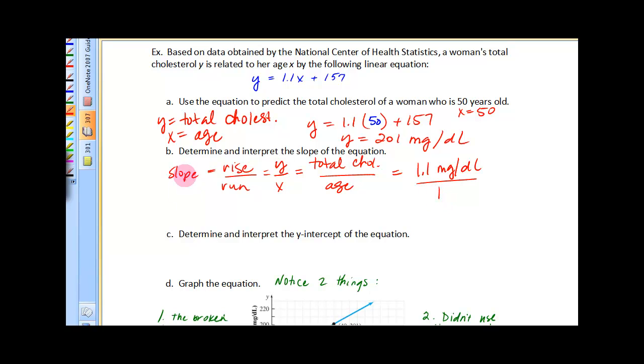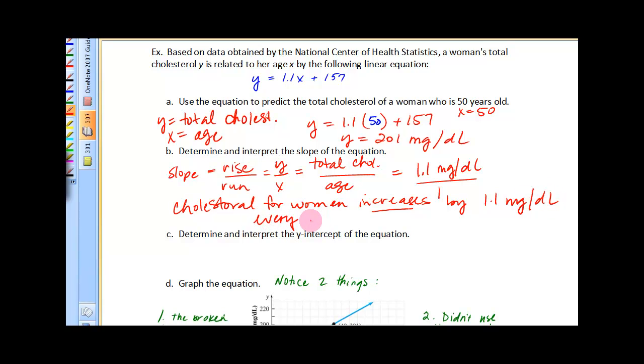So we can write that in words by saying that cholesterol for women increases. It was a positive slope, so it has to increase by 1.1 milligrams per deciliter every year. Every 1 year, so every year.